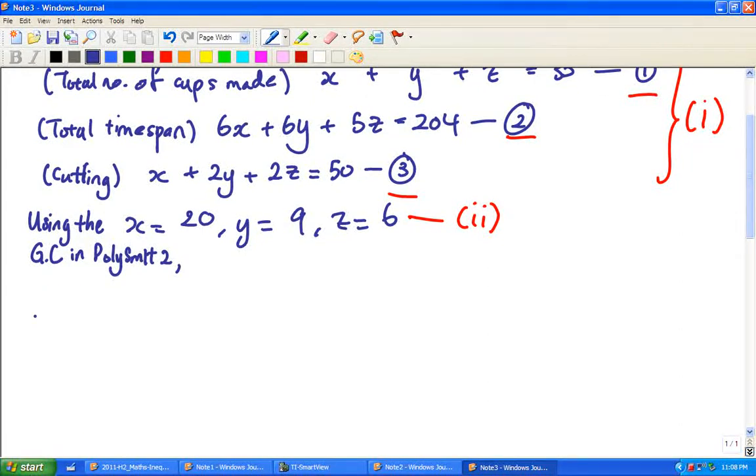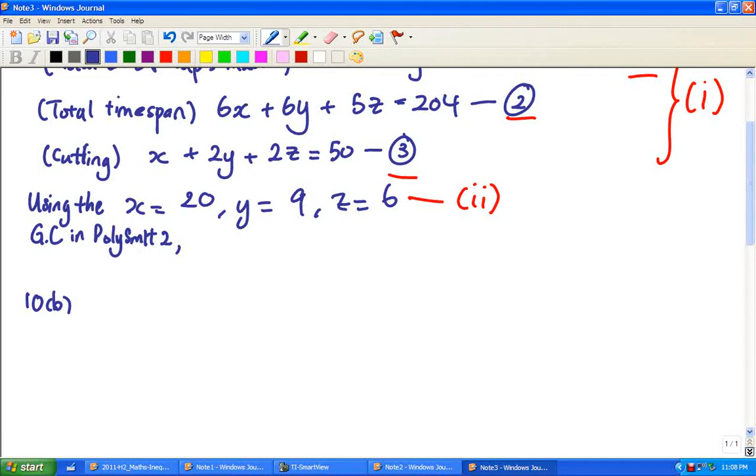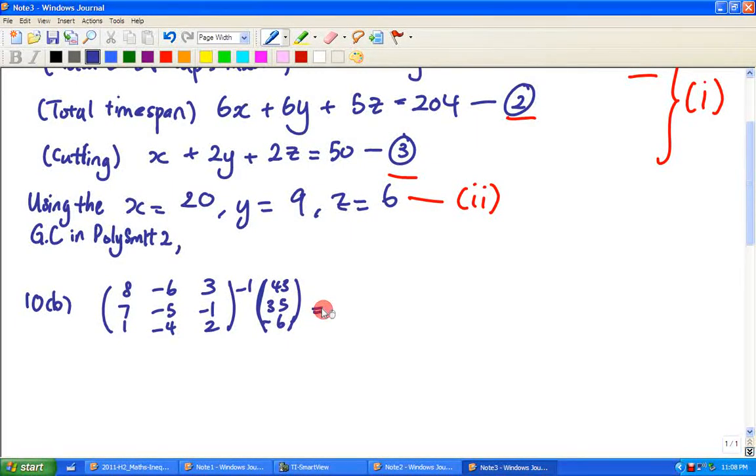Now for 10 part B. They have given you this information. They told you the inverse of this matrix: 8, negative 6, 3, 7, negative 5, 1, negative 1, and the last row 1, negative 4, 2, multiplied by the column vector 43, 35, and negative 6, will give you the column vector 8, 4, 1.